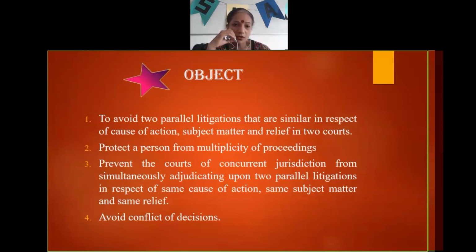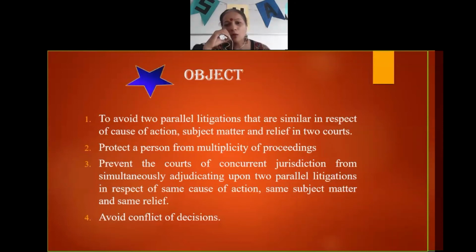In that situation, we have to prevent the court of concurrent jurisdiction from simultaneously adjudicating upon two parallel litigations in respect of the same cause of action, the same subject matter, and the same relief. Because we cannot prevent the party from filing, we can only prevent the court by making an enactment in the legislation. Therefore, right at the start, section 9 contains the words 'no court shall proceed'.